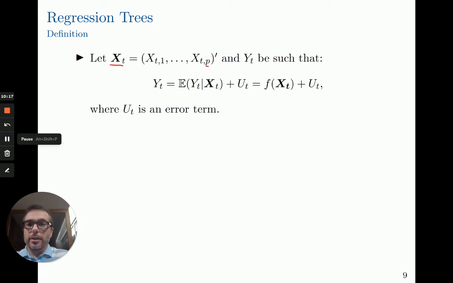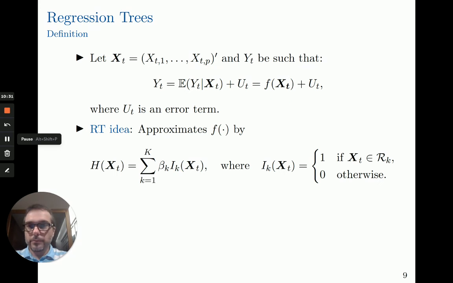We have p explanatory variables, and our dependent variable we can write as the conditional expectation plus an error term, and this conditional expectation we are calling f. Okay, and it's potentially nonlinear.